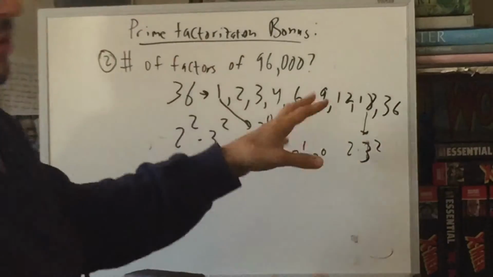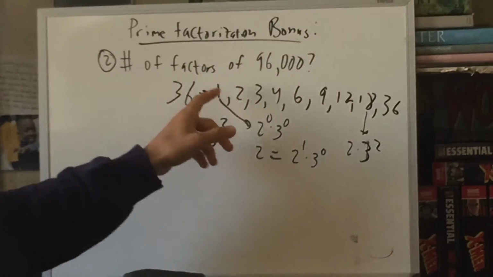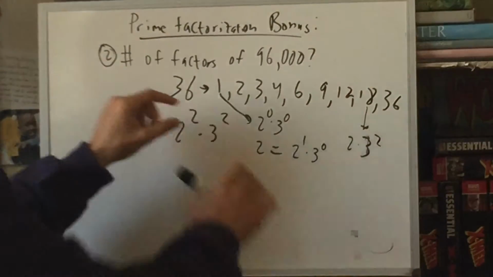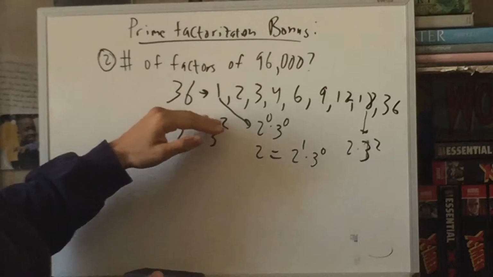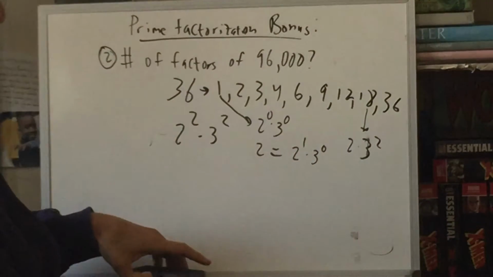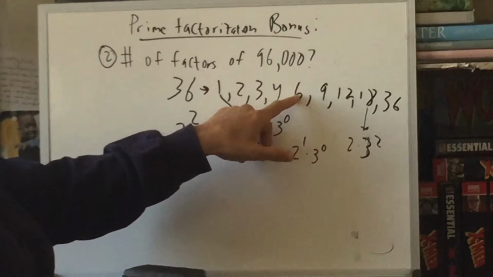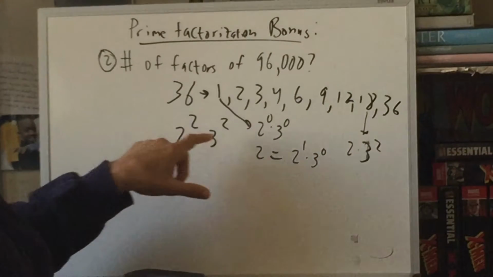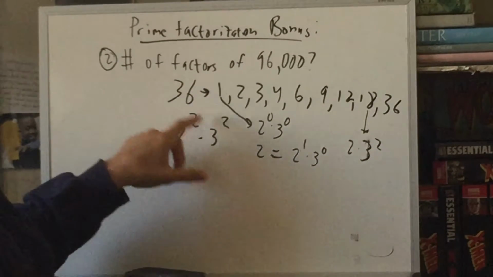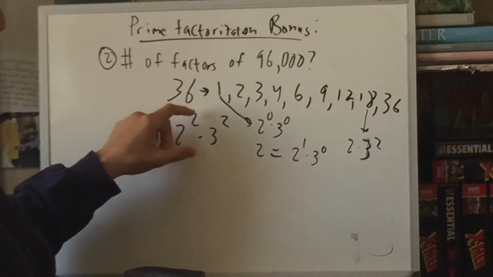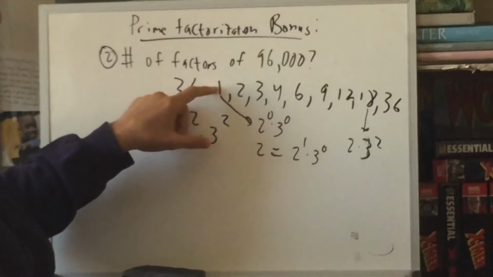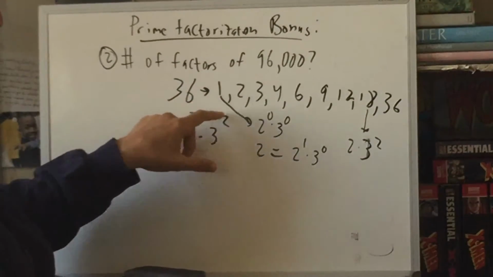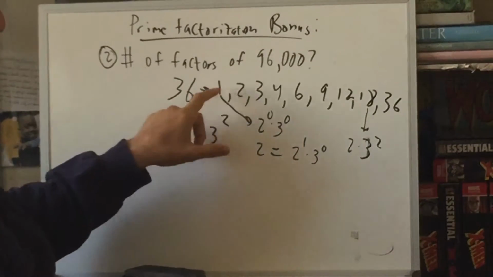So I'm jumping around. What are we doing here? The point is, each of these can be generated by picking a power over here that's no greater than 2. So for example, for 6, it would be 2 times 3, so it would be one 2 and one 3. If you want to create the entire number, you would just pick the maximum, two 2s and two 3s. If you want the smallest divisor, you pick the minimum, zero 2s and zero 3s, and you get 1.